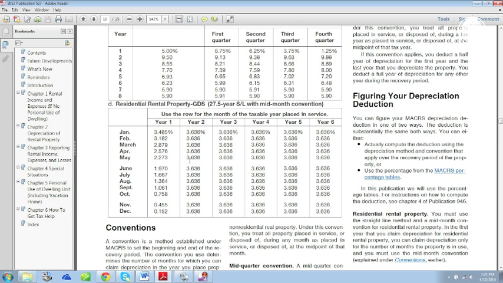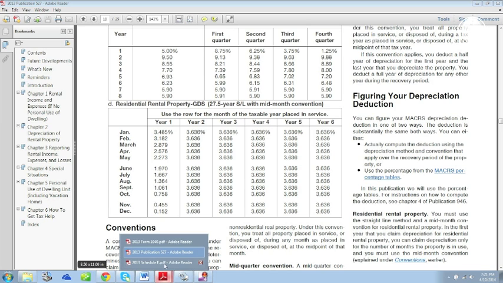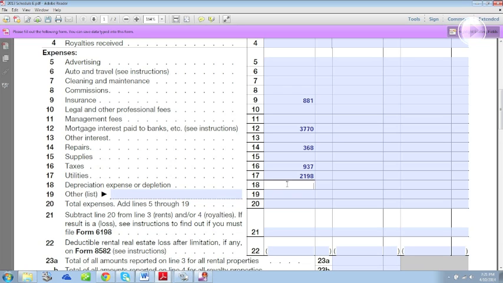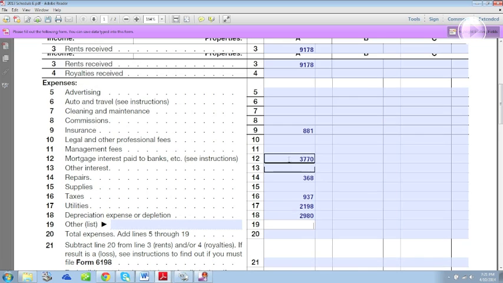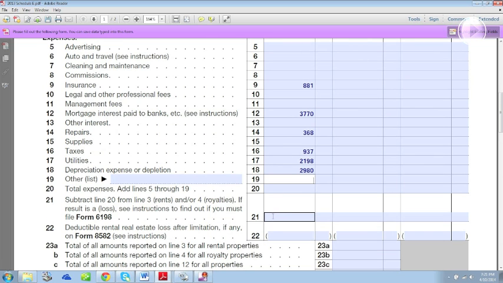But we're taking 3.636% of $81,950, and we get a total of $2,980. So when you put all these expenses in, this is all he has. You can get the total right here, and you can also put in other expenses here and just list them out, and it'll come up with a total. But he doesn't have any other expenses, so we have the total right here, which is $11,134.